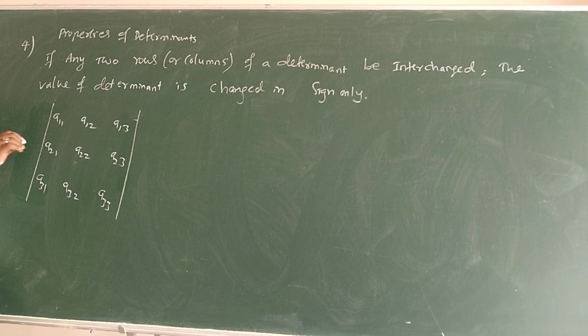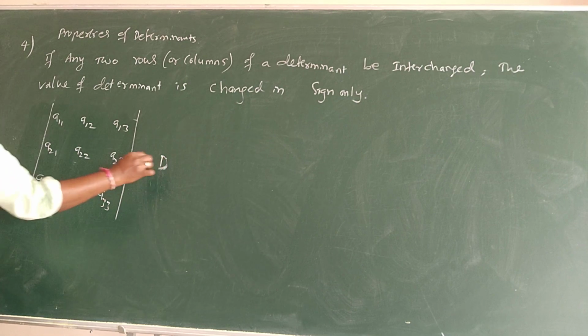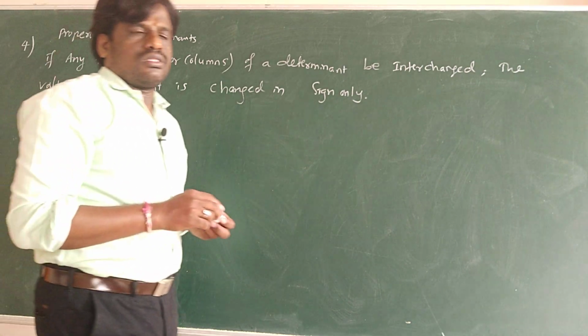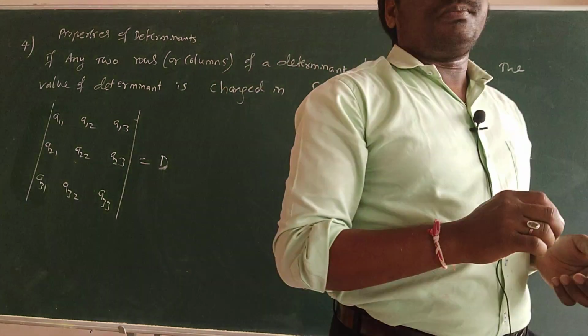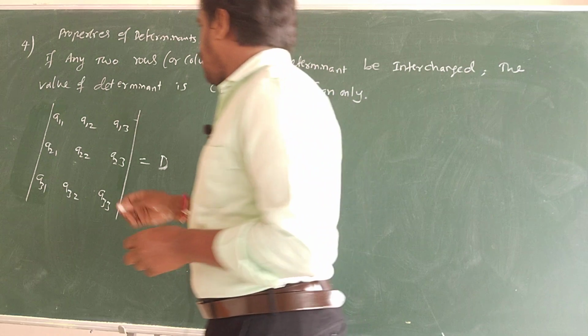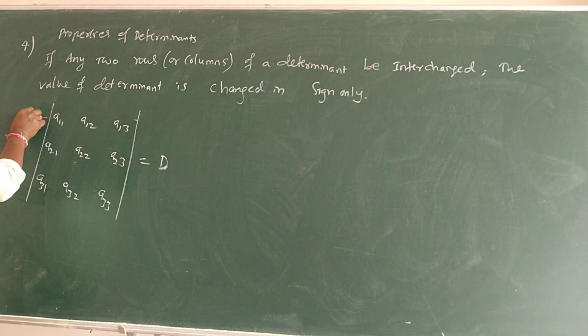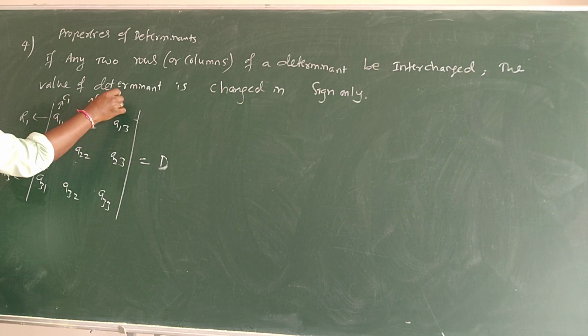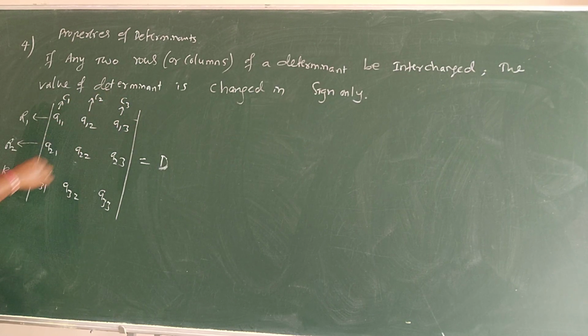Suppose this determinant's value you got is D. This one is called R1, this R2, this R3, and these are C1, C2, C3.